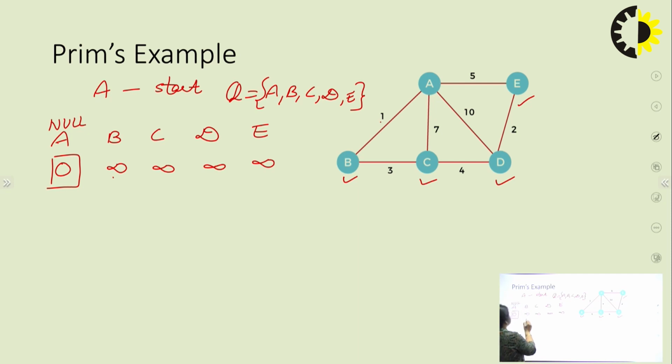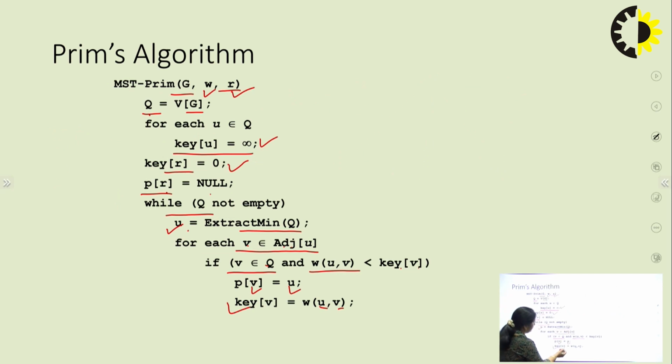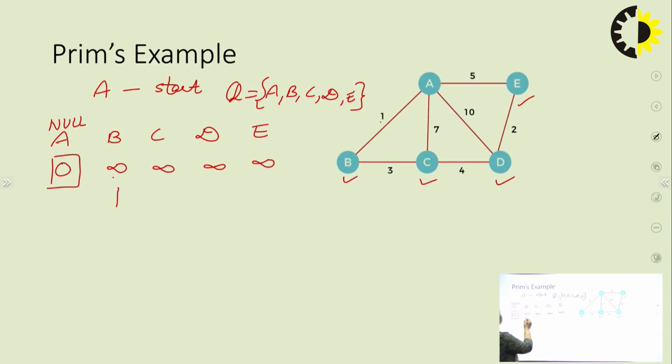Yes. Reset. Okay, value has been reset. See this. Key value of V is the weight of U to V, as well as U will become parent of V. So, what is the parent of B now? A. This is the parent record we are keeping.